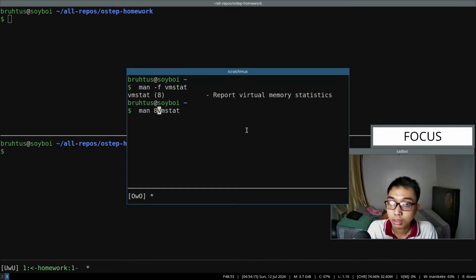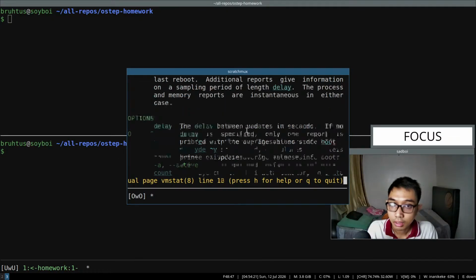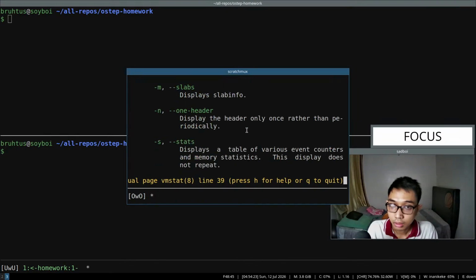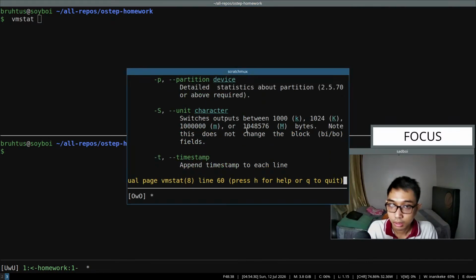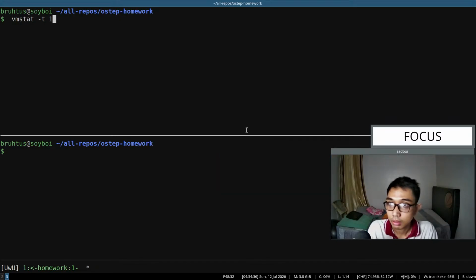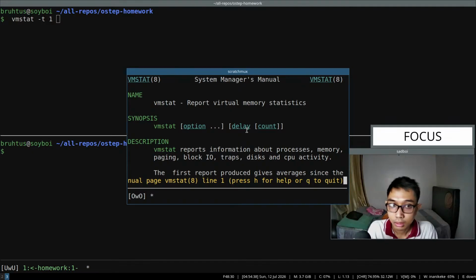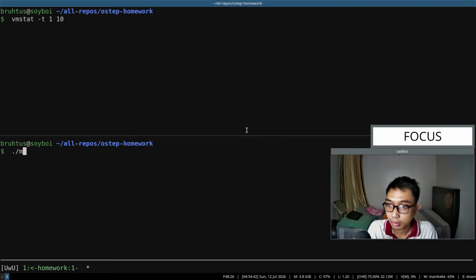Okay. Yeah, we can just do this. And then, if I remember correctly, we can do this every 1 second, and the count is 10, maybe something like that.